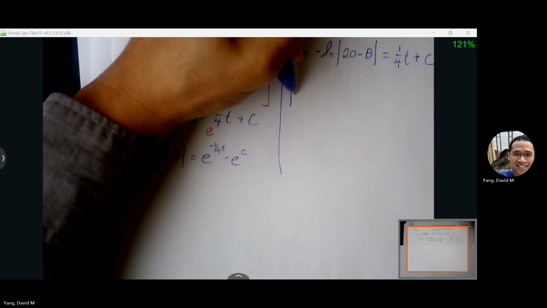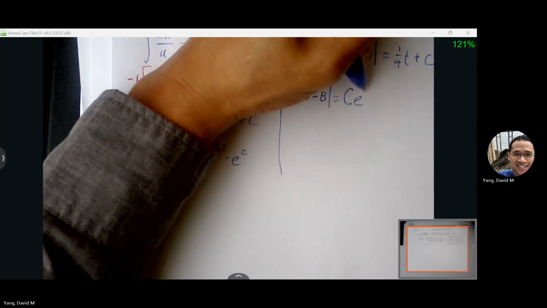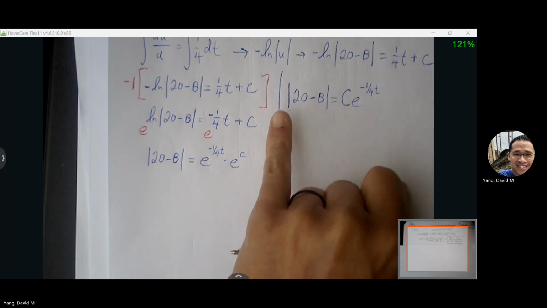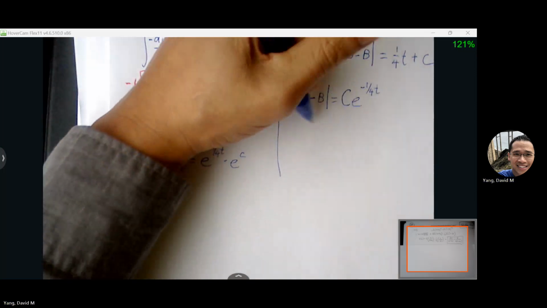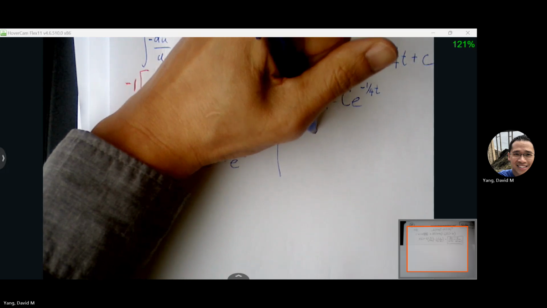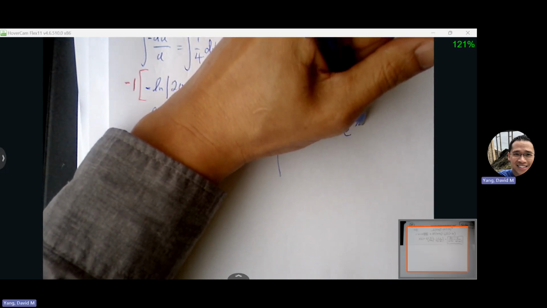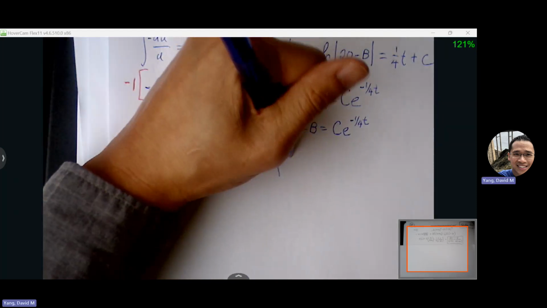C. Absolute value gets dropped. Plus or minus shows up, and we know the plus or minus gets absorbed into the C. Okay, let me solve for B.